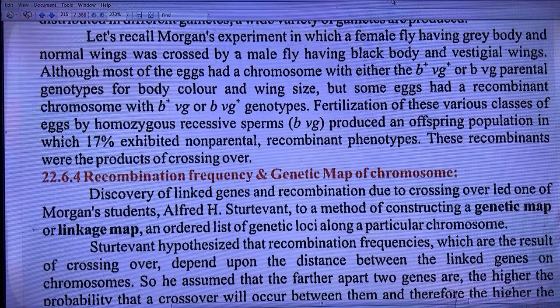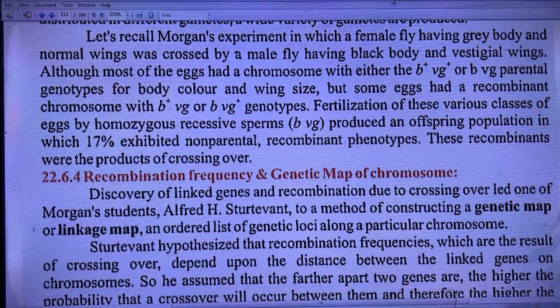Fertilization of these various classes of eggs by homozygous recessive sperm produced an offspring population in which 17% exhibited non-parental recombinant phenotypes. These recombinants were the products of crossing over.